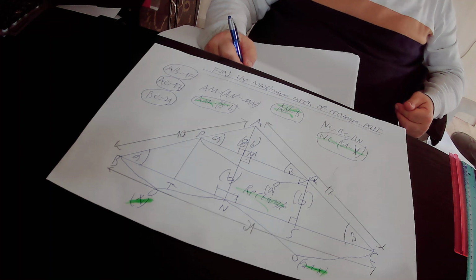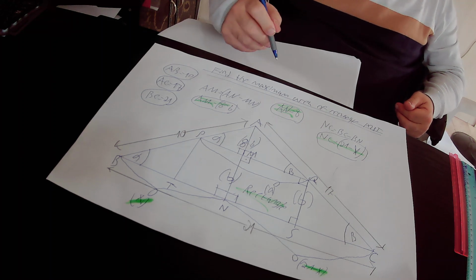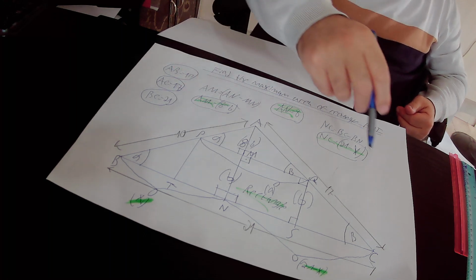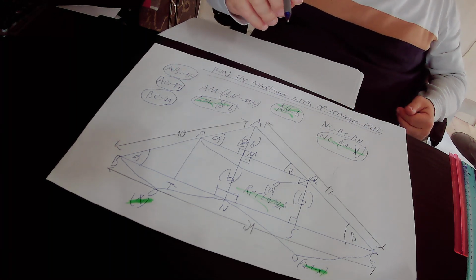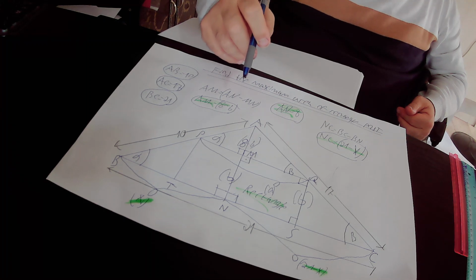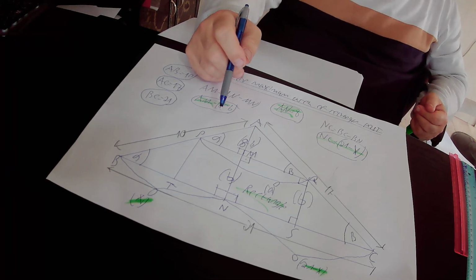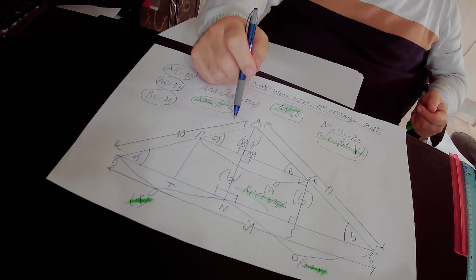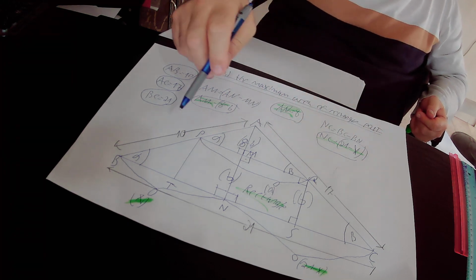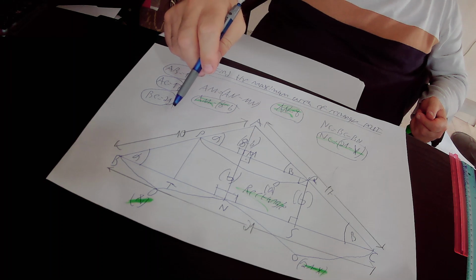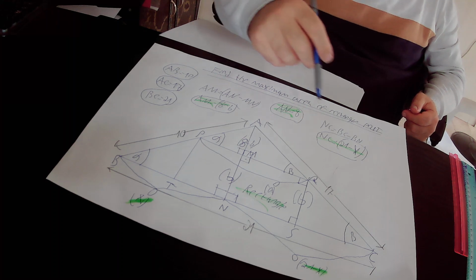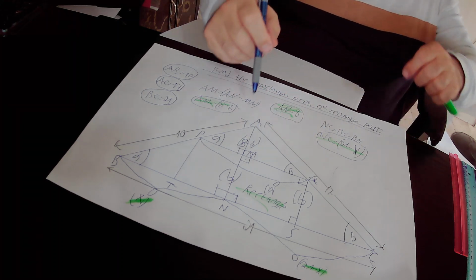And therefore, first of all, we actually have to prove that the big triangle ABC is similar to the small triangle APQ.